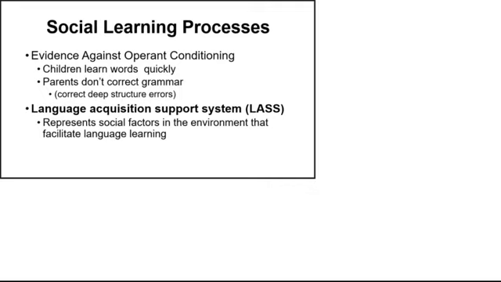But this represents social factors in the environment that facilitate language learning. So if the LAD is focusing on biological or genetic factors, LAS is focusing on social support and environmental factors. And so, again, we don't necessarily have a single mechanism that we can point to, but we do have some support for it: operant conditioning plays a role, social interaction plays a role, but neither on their own can explain everything.